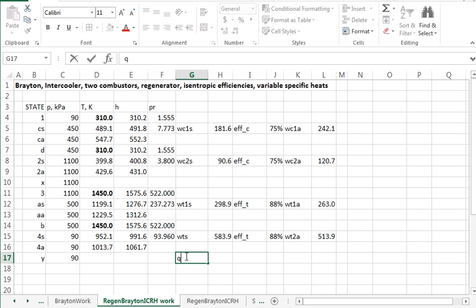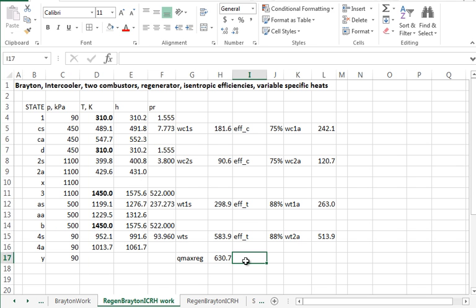It's like Qmax in the regen. Well, if I took this enthalpy and transferred it all to that enthalpy, that's the maximum possible transfer from the hot fluid stream into the cold fluid stream, because they have the same mass flow rates.